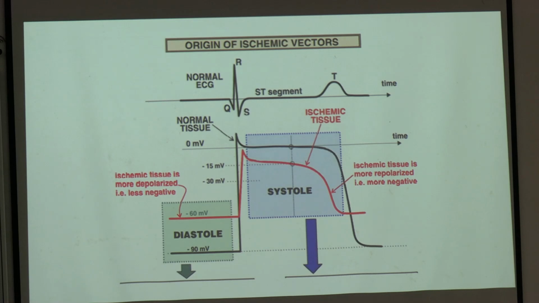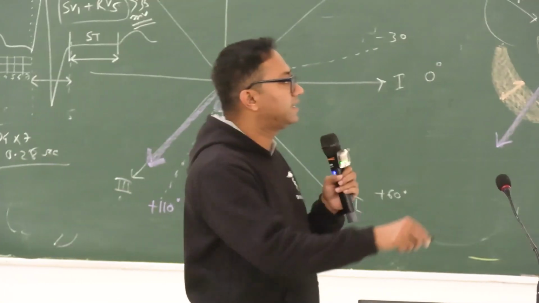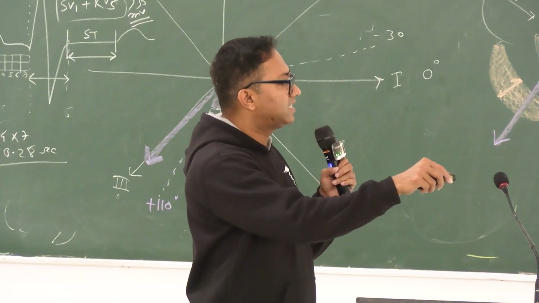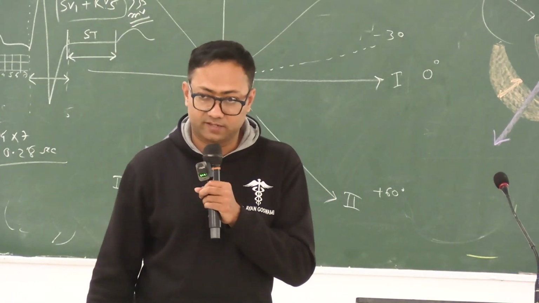There is calcium entry and potassium exit that happens simultaneously. So this is why there is no net electrical flow during phase 2 of the ventricular action potential. As a result, in the ECG signal, we get the ST segment, which is isoelectric. Okay? This is why it is isoelectric.